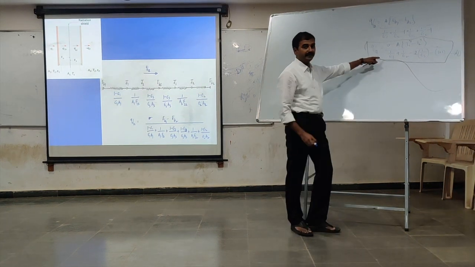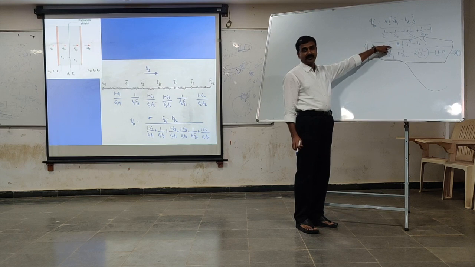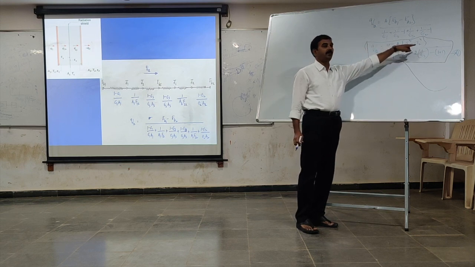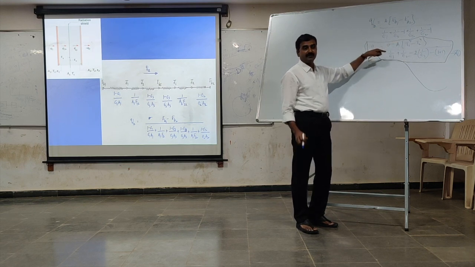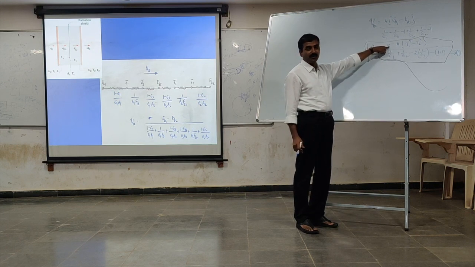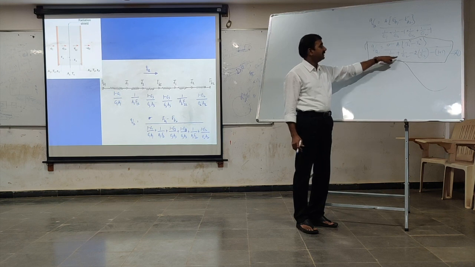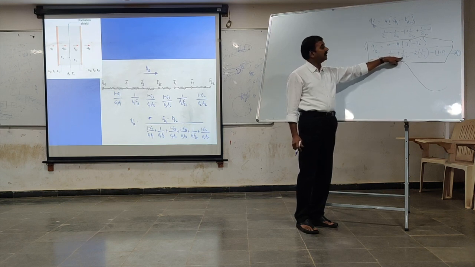Anyway, there is no change in the numerator. It's the overall potential difference we take between the extreme nodes. Now in the denominator, epsilon 1 represents the surface resistance of plate 1. This is that of plate 2.